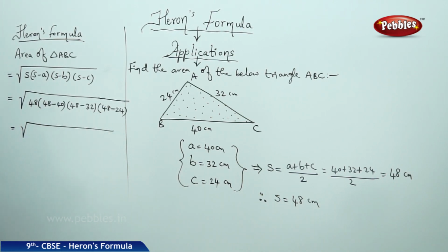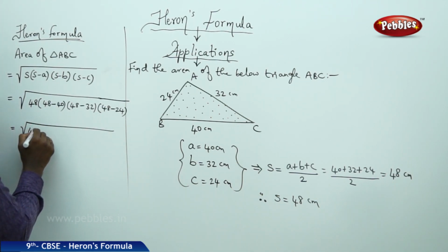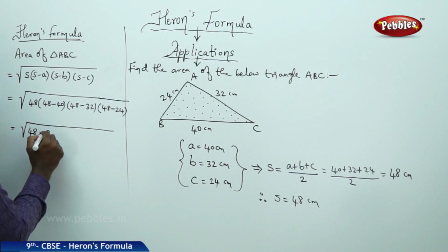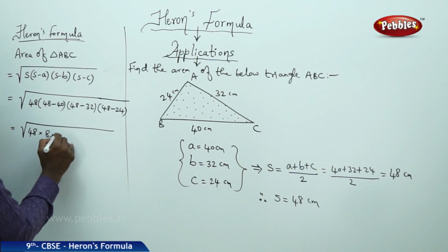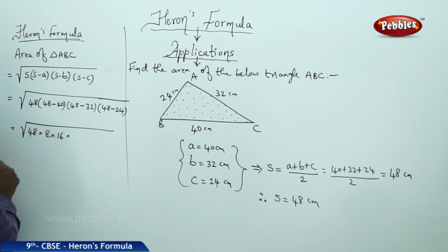So this on further simplification gives 48 times 8 times 16 and 24 is what we get.